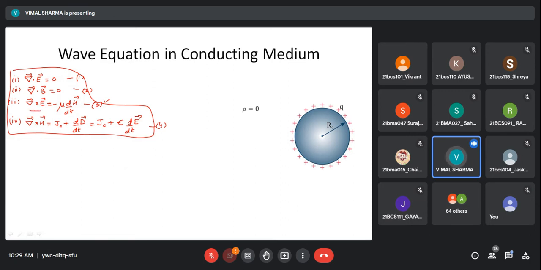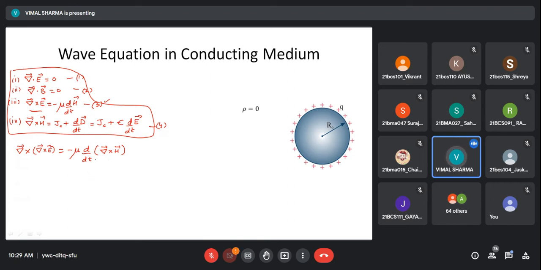So curl of equation number 3, curl on both the sides. Curl of E on the left-hand side is equal to curl of negative mu times d by dt of H. I can straight away interchange the operation of two operators: I operate with the curl operator on H first, and then do d by dt of this.